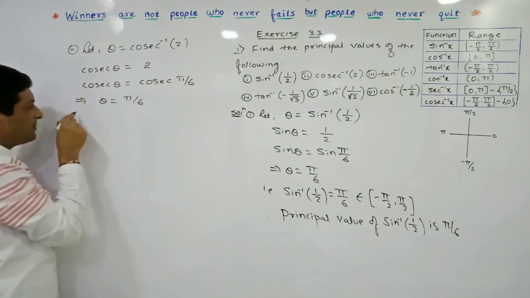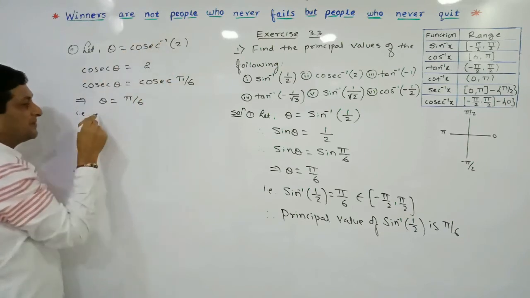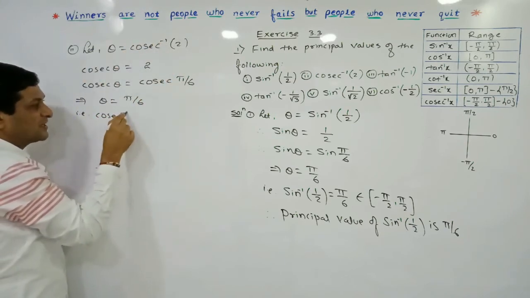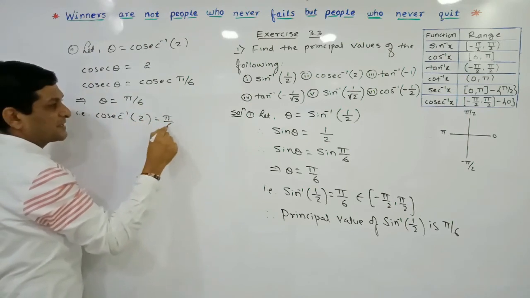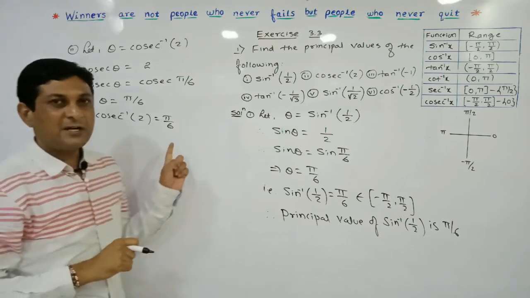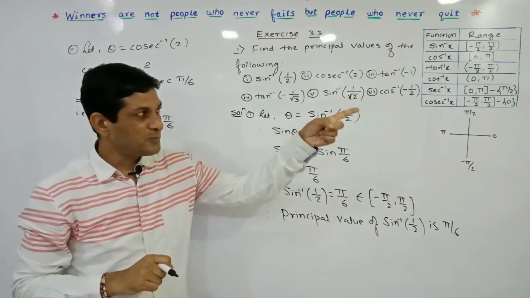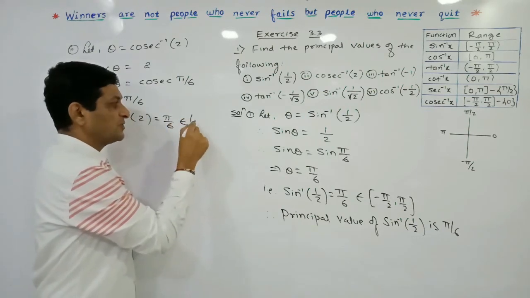But theta means cosec inverse, so cosec inverse of 2 is equal to pi by 6. Now check whether this value pi by 6 belongs to the range or not. The range of cosec inverse is minus pi by 2 to plus pi by 2, excluding 0, and yes, it belongs to this interval.